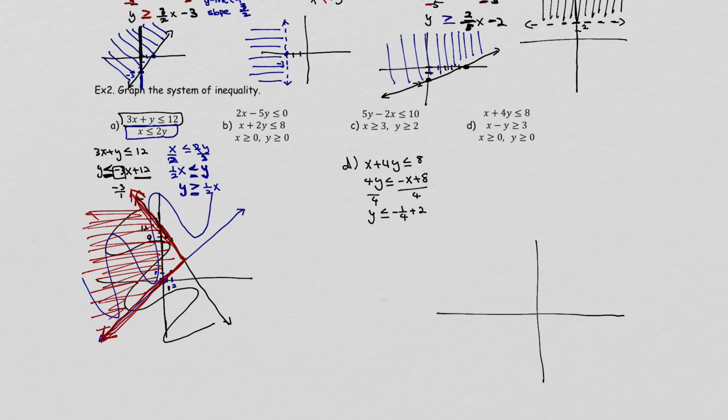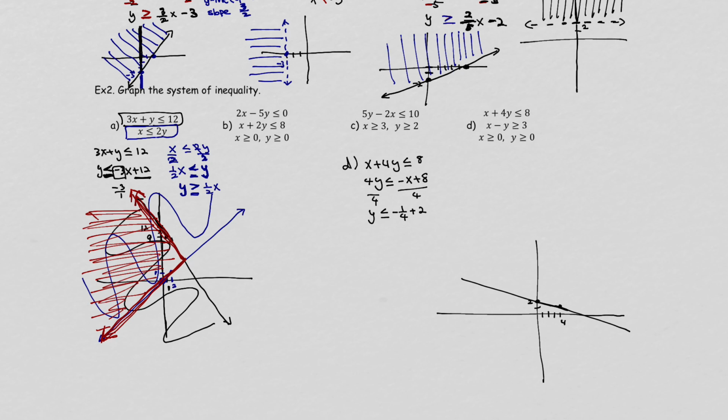So that will give you y-intercept 2. And then slope is negative 1/4. So go down 1 and move right 4 will be that point. And it will give you a solid straight line. So this is 2 and this is 4. Solid straight line passing those 2 points.